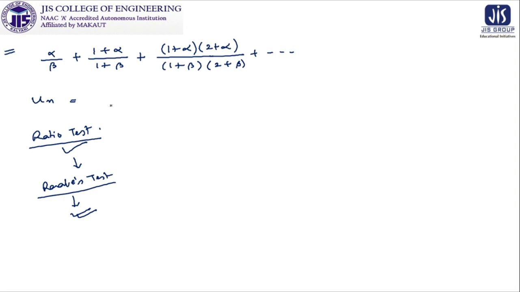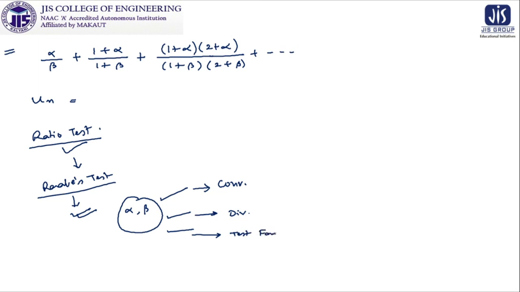One thing I want to introduce is that it may require a relationship between alpha and beta, so that we know for which conditions Raabe's test is applicable and gives you convergence, for which condition this will become divergent, and for which condition the test fails. This is very important in these types of problems, to identify the relationship between alpha and beta.